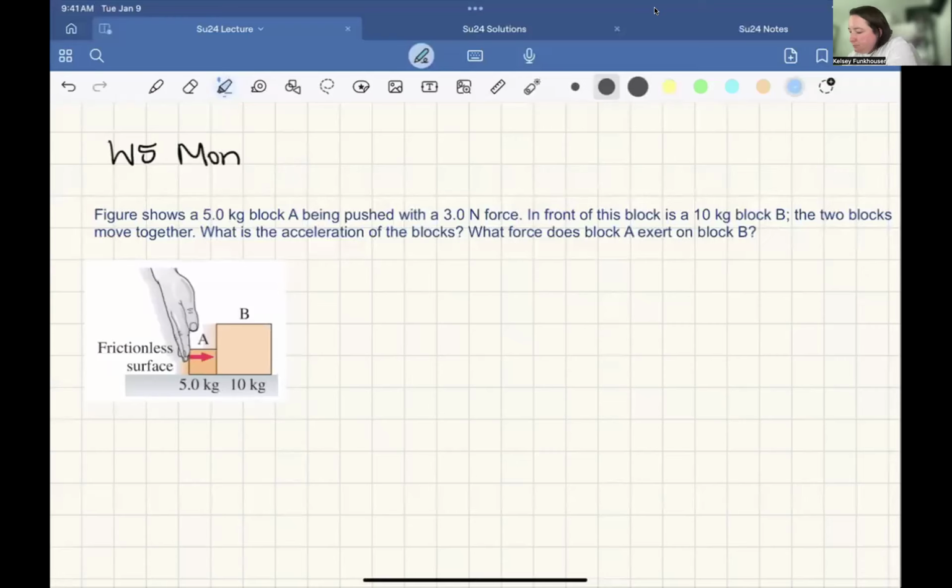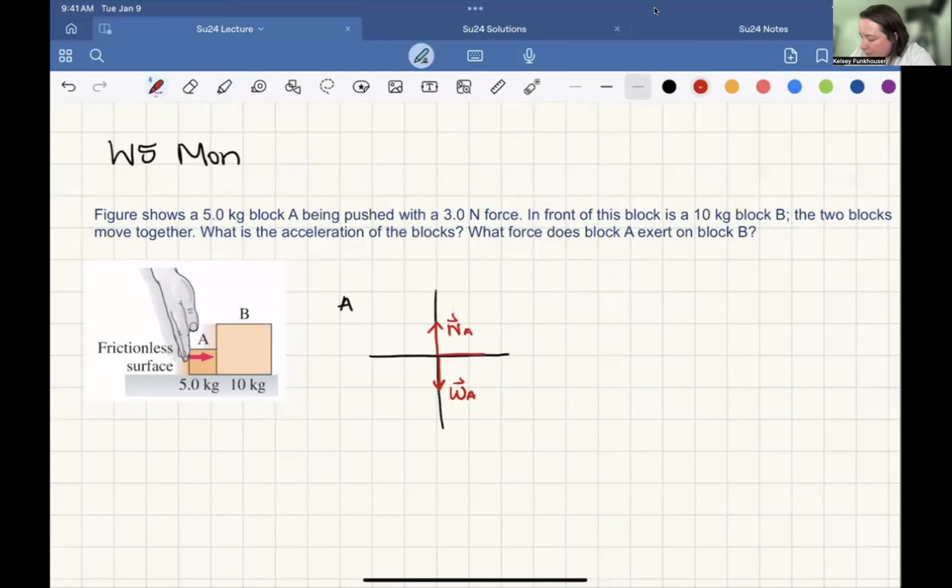So let's work on this. So to start out, we just want to draw the free body diagrams. Okay, so we'll start with block A. And this is going to have weight, so weight of block A. It's going to have normal force, so normal force of block A. It has this pushing force from the hand.